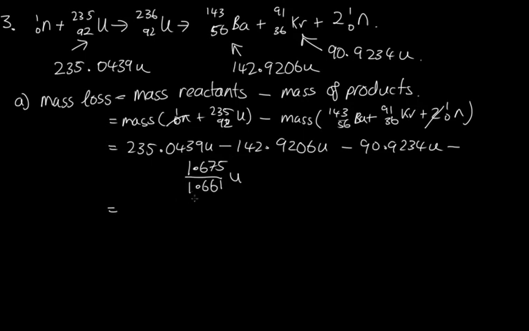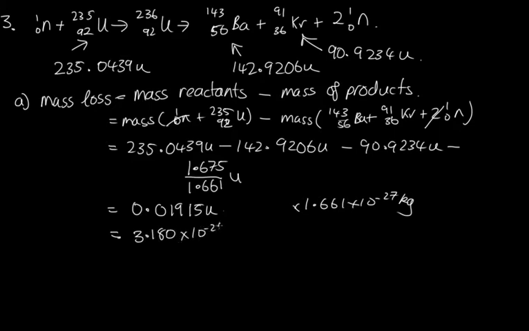And then solving this thing on the calculator, we end up with 0.01915 atomic mass units. We can also present it in kilograms. If we times it by 1.661 times 10 to the minus 27 kilograms, we will convert that into kilograms. So we could also give it as 3.180 times 10 to the minus 27 kilograms.